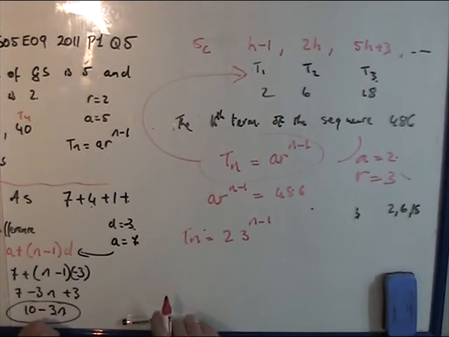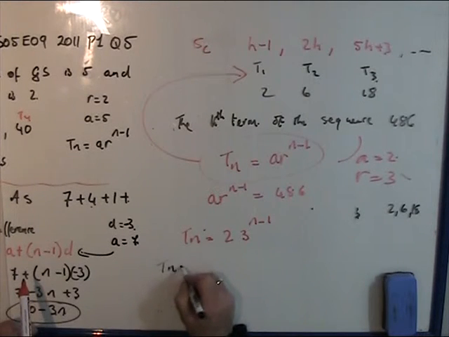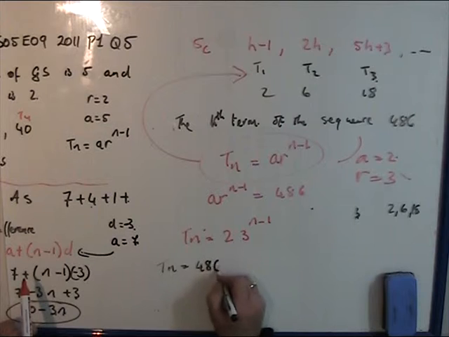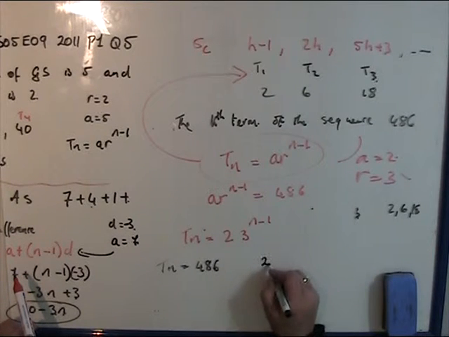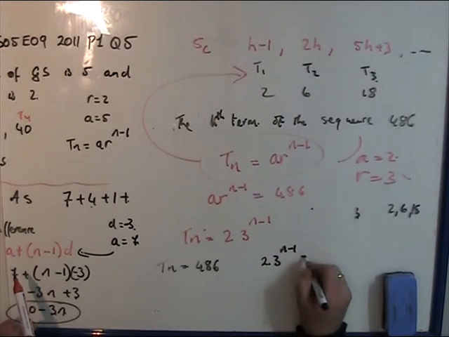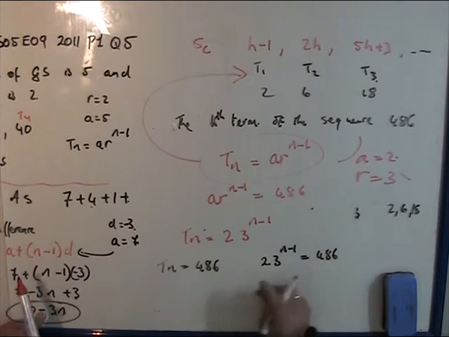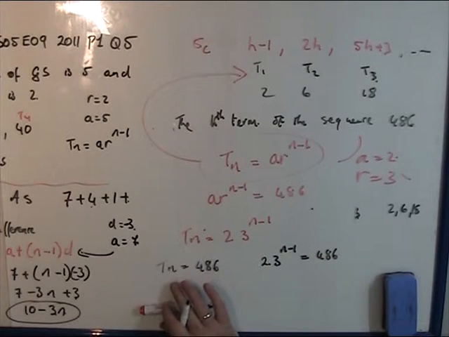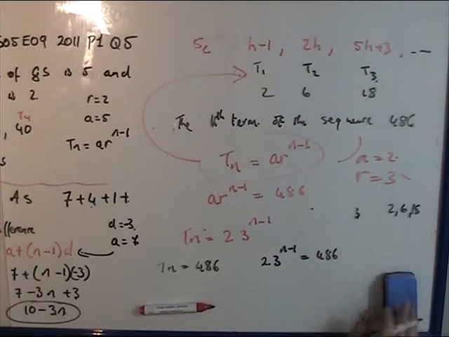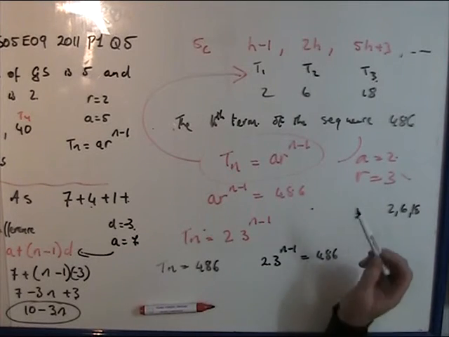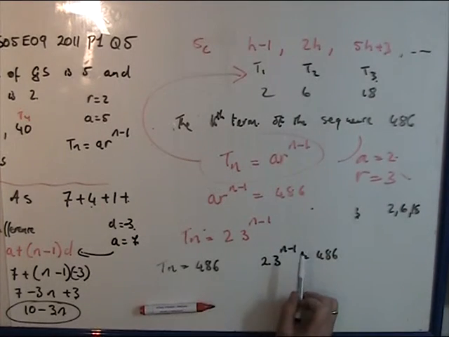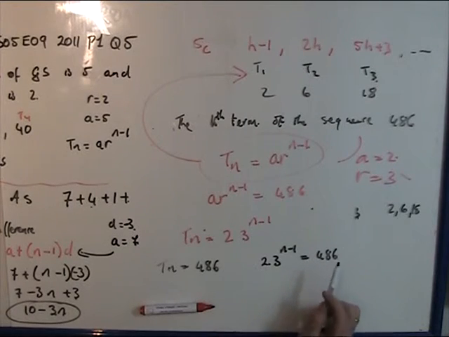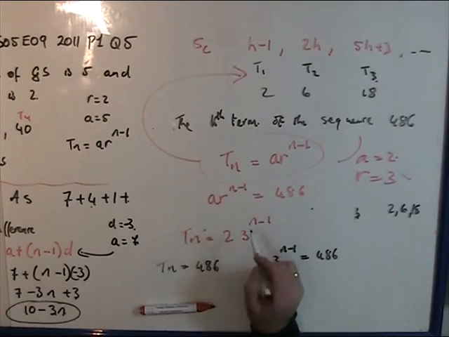Now when Tn is equal to 486, we have to make this formula 2 times 3 to the power of n minus 1 equal to 486. If you look at the papers, you'll get the rationale behind all of this. I've been told to find the term, and I know I have to use this formula.